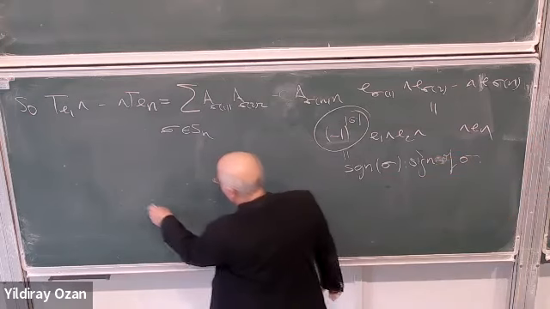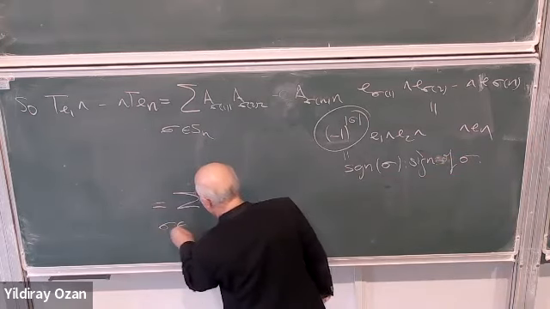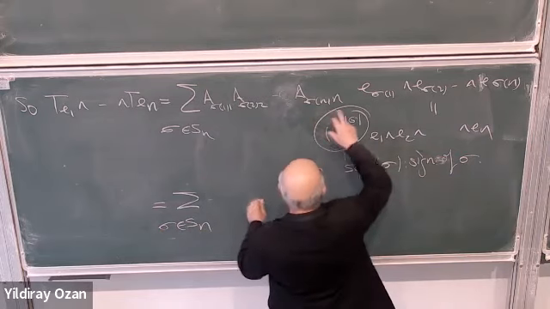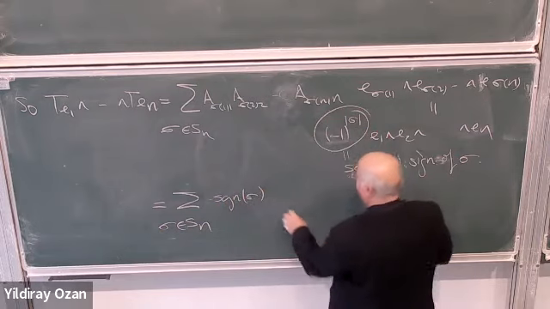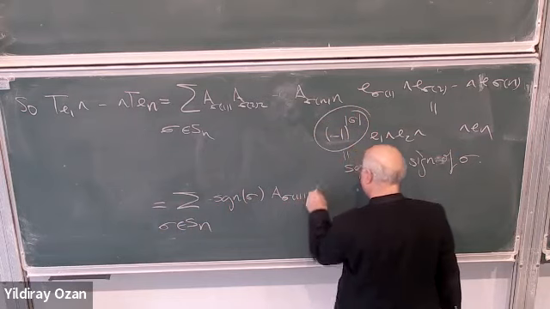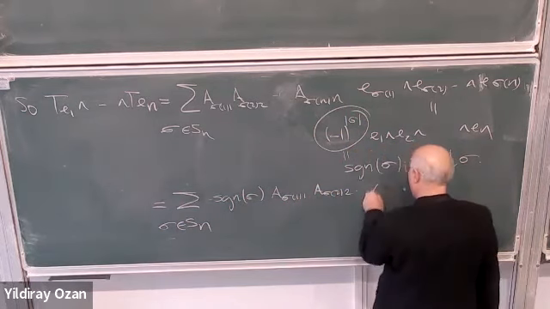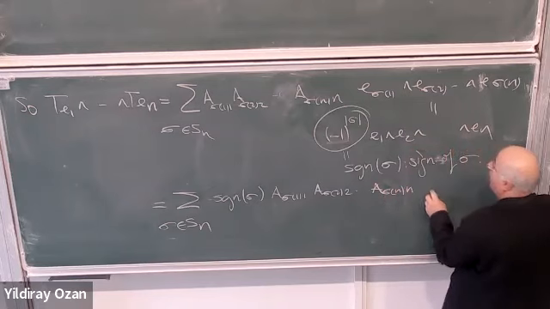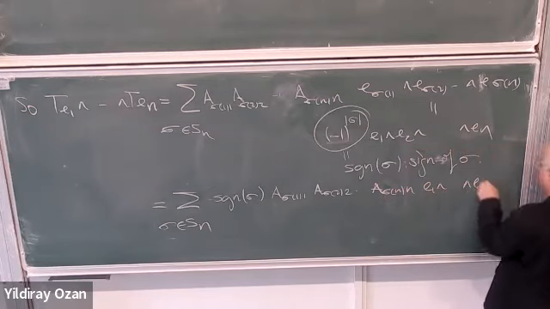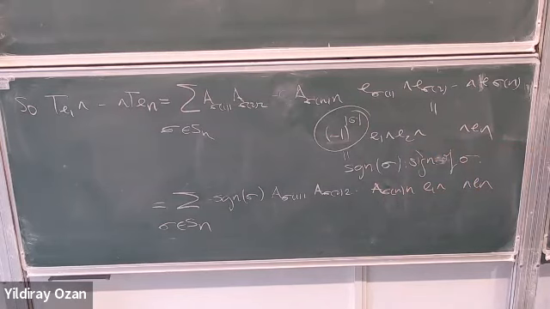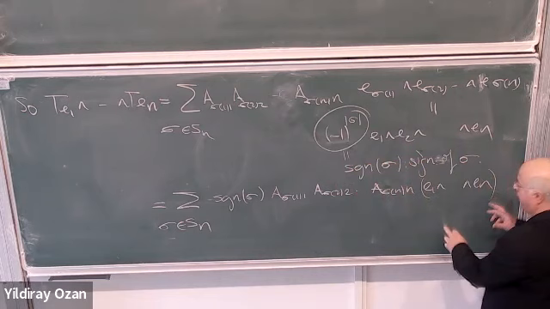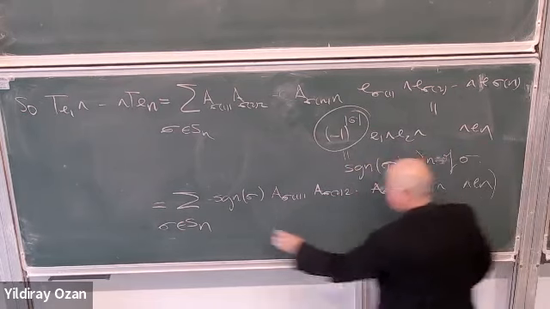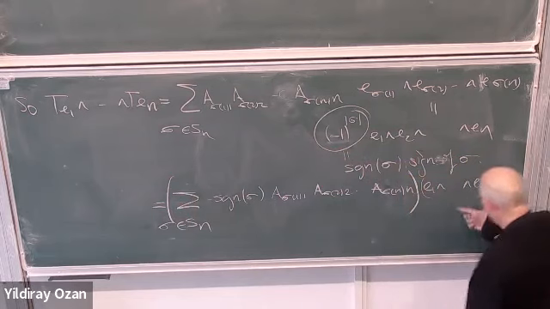So what we see is that this summation is just what? Here I have sign of sigma, and then a_{sigma(1),1} a_{sigma(2),2} up to a_{sigma(n),n}, and then e_1 wedge ... wedge e_n. Well, you see, this e_1 wedge ... wedge e_n term is always the same. So what we get is just a number times this gadget.